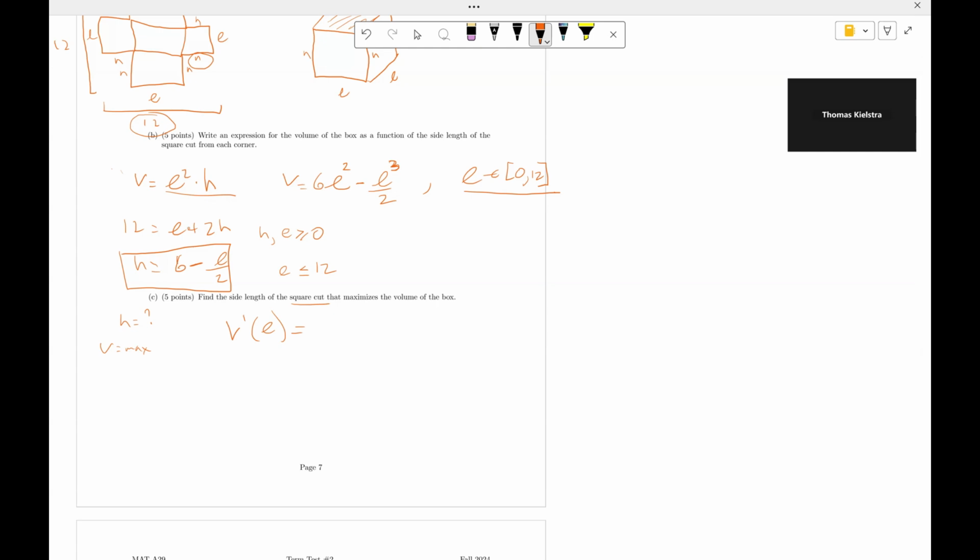So V prime is 12L minus 3L squared over 2, which equals 3 over 2 times 8L minus L squared, which equals 3L over 2 times 8 minus L.